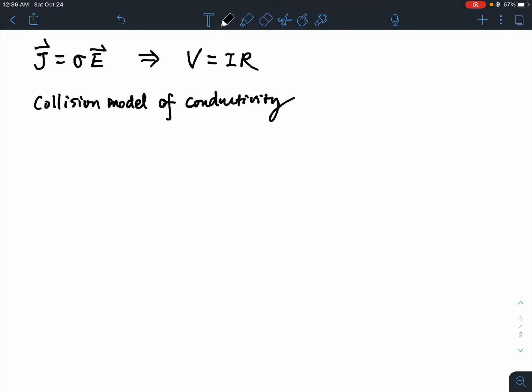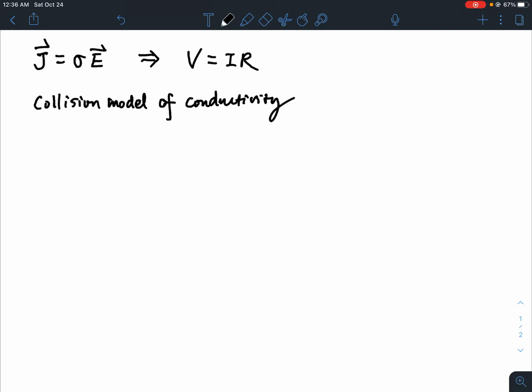As I mentioned before, the drift velocity due to the electric field is very small, only about 1 centimeter per second. But the actual speed is the thermal speed, which is much higher than the drift velocity induced by the electric field.